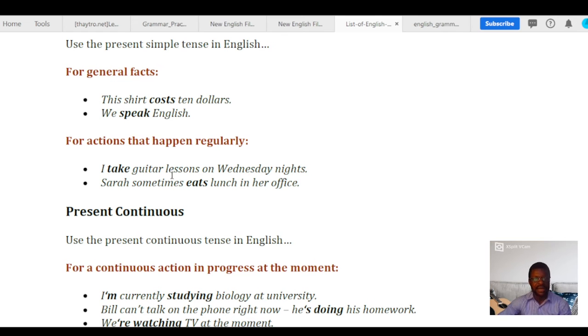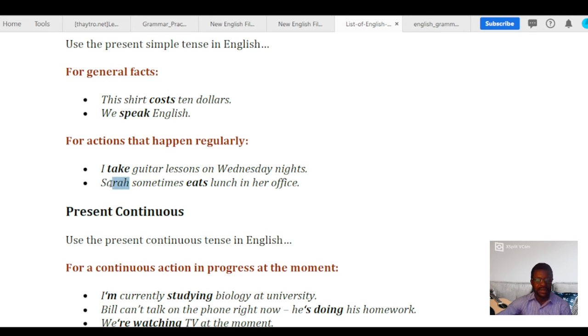I take guitar lessons on Wednesday nights. Our verb is take because we've got I as our subject. That is the reason why there is no S on our verb, which is take. But if I change this pronoun and put maybe he as our subject, it becomes "he takes guitar lessons on Wednesday nights."